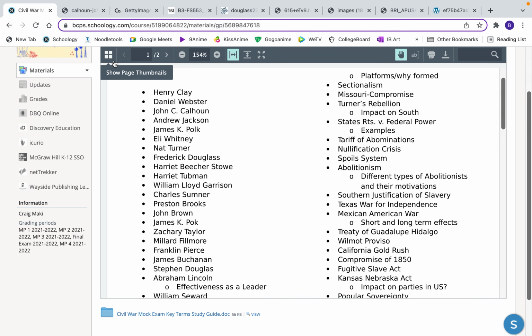So let's, again, go back in time, because it doesn't go in order, to the Tariff of Abominations. At this point, South Carolina had already found issues with the economy. They'd had these issues, and the Tariff of Abominations really helped to make these issues worse.